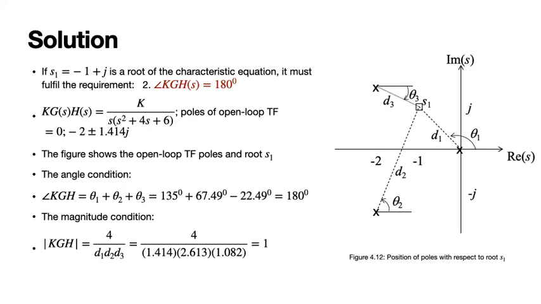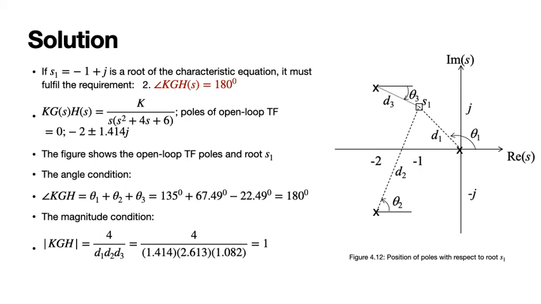The angle measured from 0 to the point here is represented by theta 1. Then theta 2 is for the second pole P2, at minus 2 and minus 1.414j here.